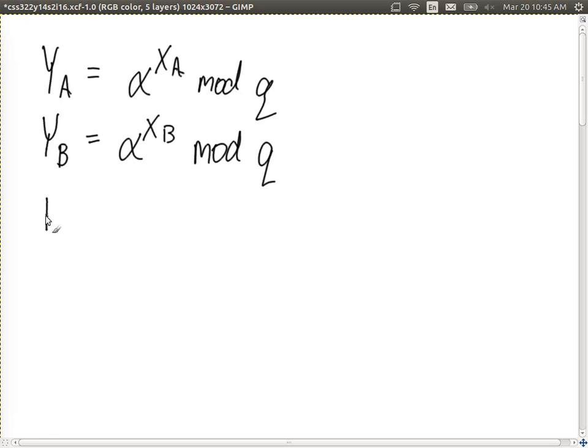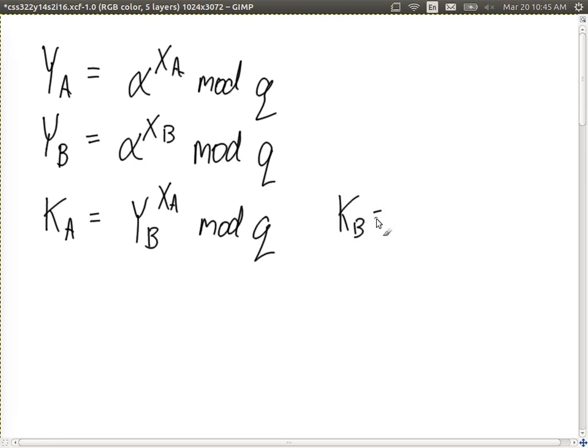And Ka equals YB to the power of XA mod Q. And similarly, KB equals YA to the power of XB mod Q. So let's look at why those two values of K, Ka and KB, will always turn out to be the same.